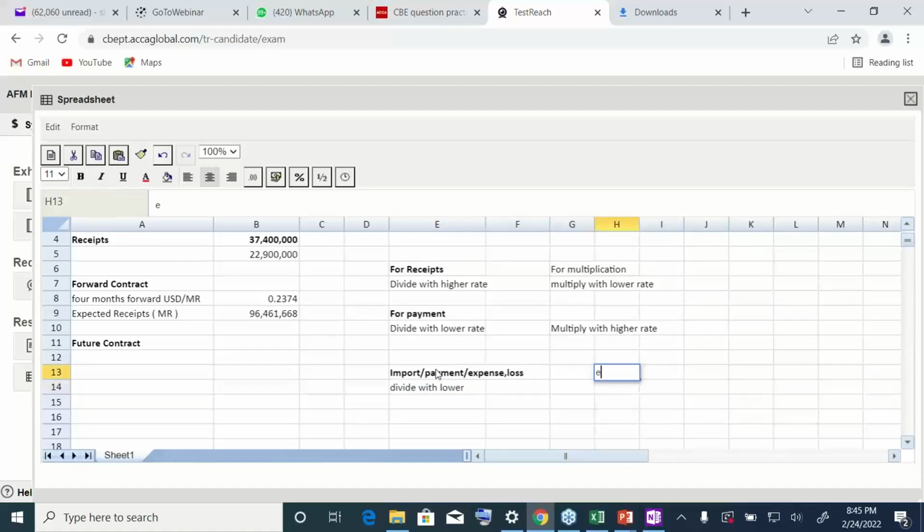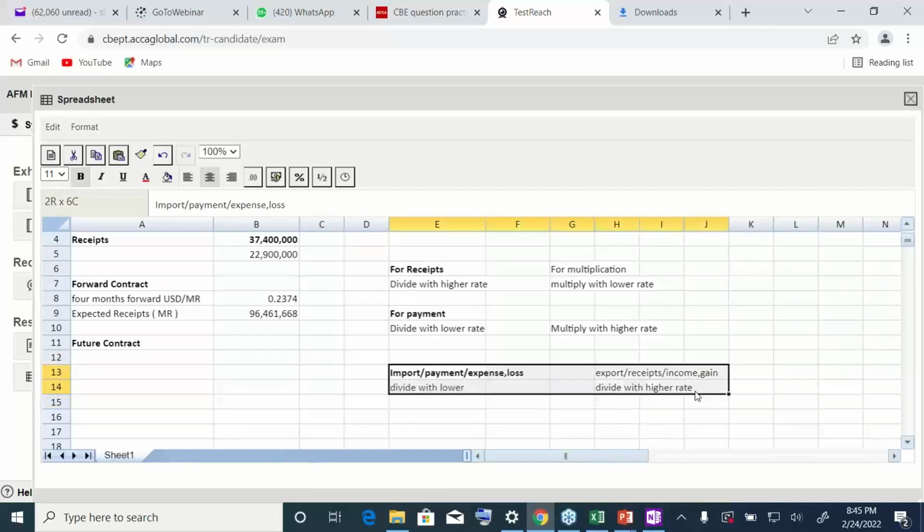Remember that export, receipt, income, gain, in all these cases, divide with higher rate. And for multiplication, it will be vice versa. These two rules will never disappoint you in AFM. They will be applicable everywhere in AFM.